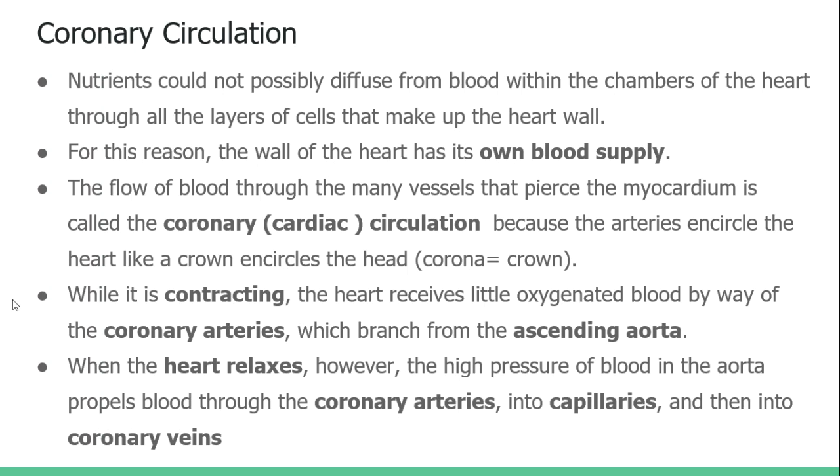The flow of blood through the many vessels that pierce the myocardium is called the coronary or cardiac circulation, because the arteries encircle the heart like a crown. Corona equals crown.